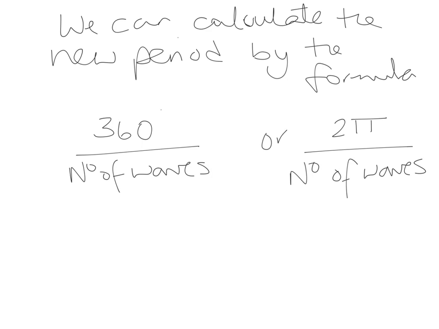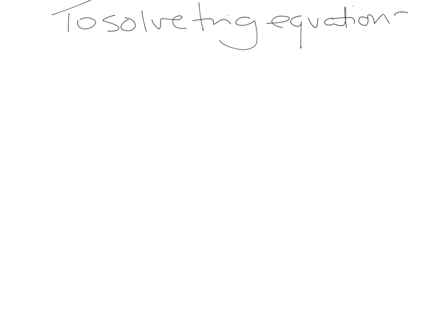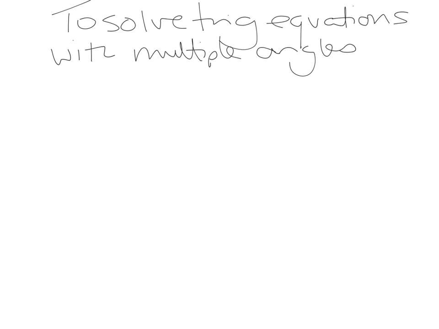Right, when we solve trig equations with multiple waves, again we begin with the usual procedure. However, we do leave the 2x part until the end, like we did with the phase shift angles in the last video. So to solve trig equations with multiple angles or multiple waves, we begin with the usual procedure.